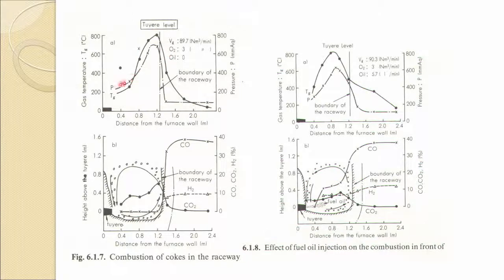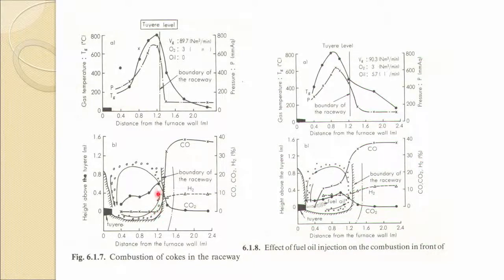At the boundary, you can see in this one the distribution of the various species. So, this is CO. You can see almost negligible CO till the raceway boundary. So, this is the figure when the blast is having only air.